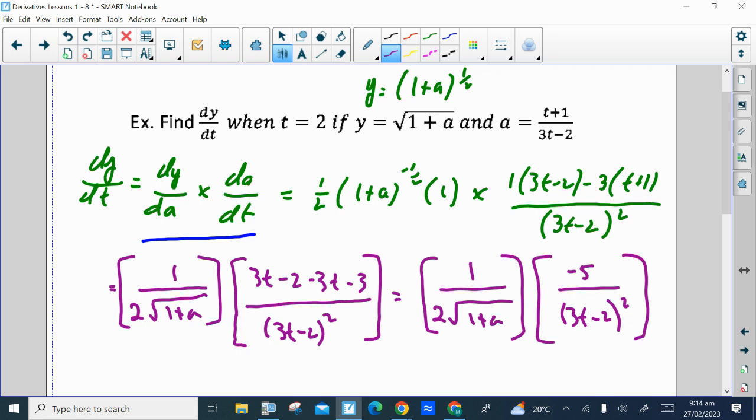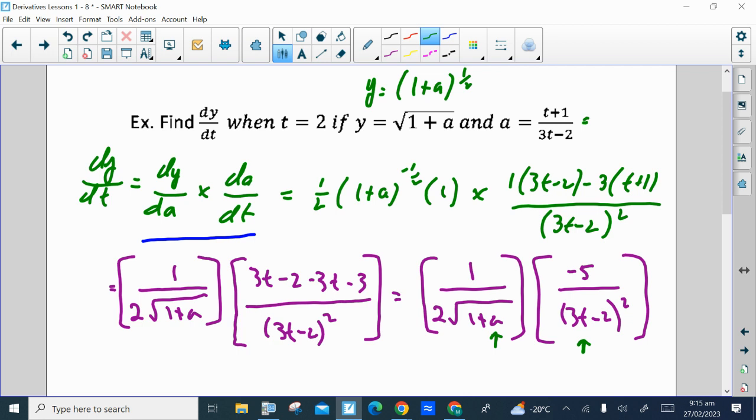So we want to find the value of this when t equals 2. And we have the variable t in here, right there. So we can let t equal 2 there, but the other issue is we also have a variable a here. But we can find out what a equals when t equals 2 by going back to the original expression where a is written in terms of t.